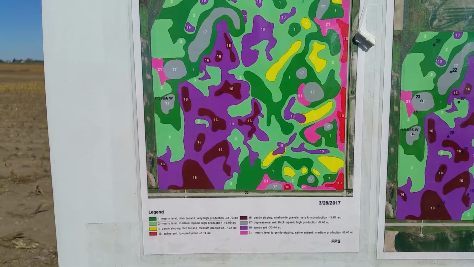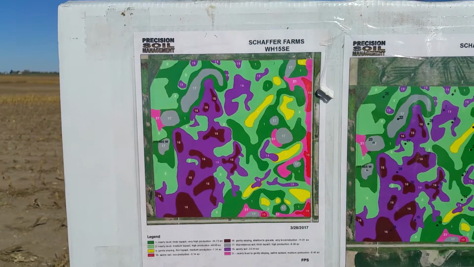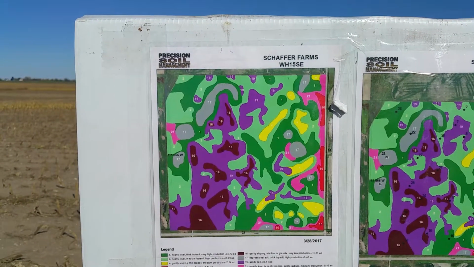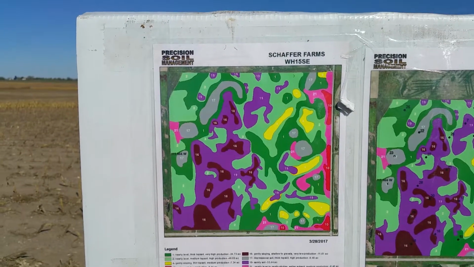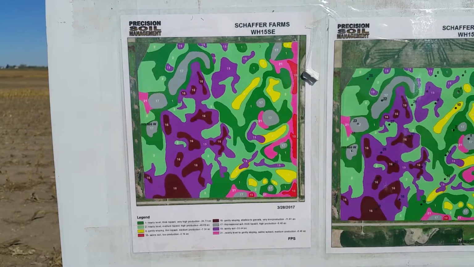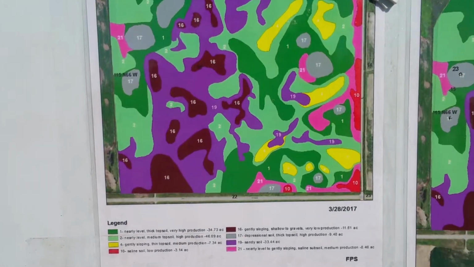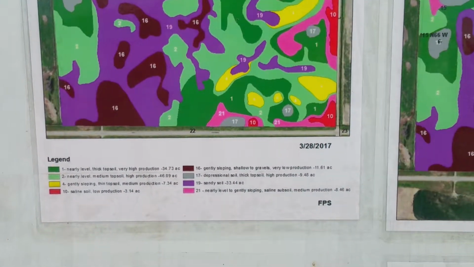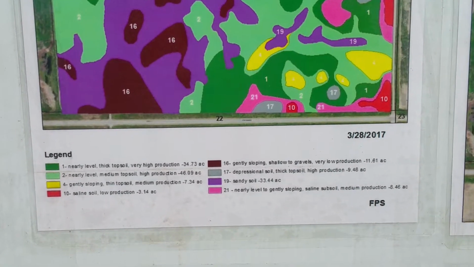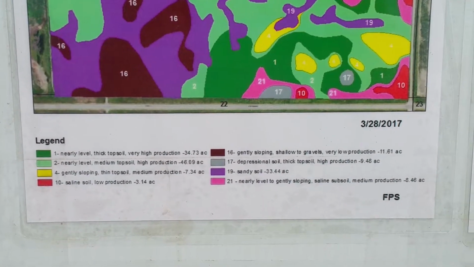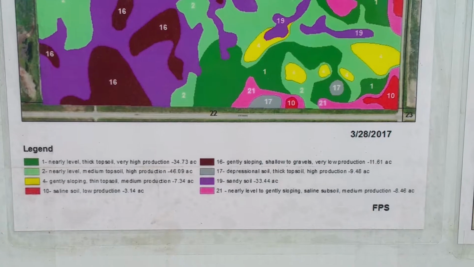This is a zone map for the field that I've taken videos of, that have been put up on Facebook and YouTube. This particular field has 8 different distinct soils in it. I'm going to zoom in so you can see, hopefully, the legend of this layout map.